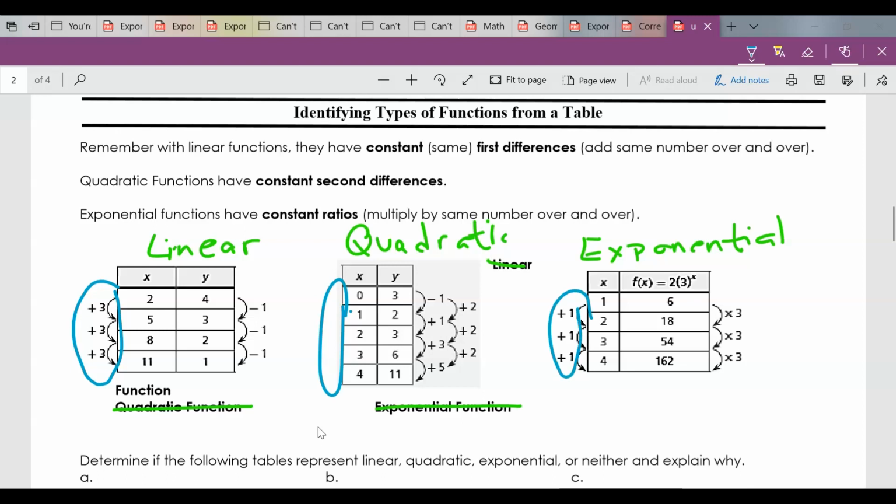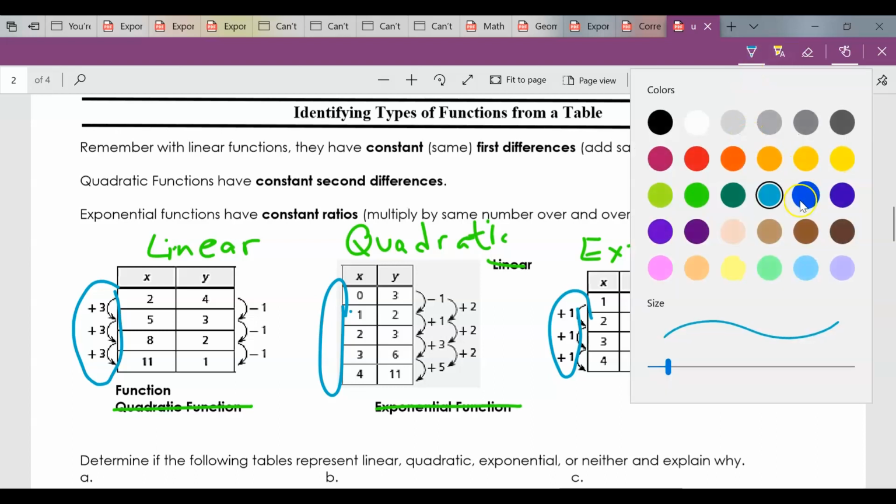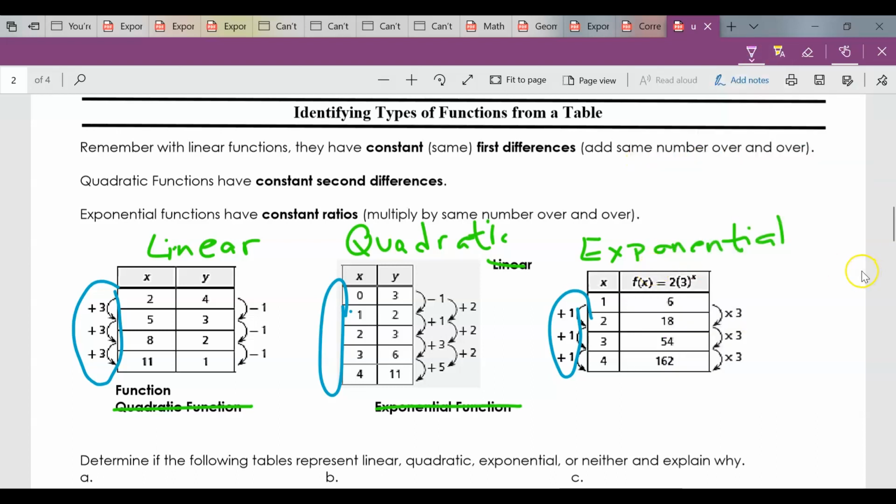So if I have the same amount changing on my x's, these rules are going to explain to me what it is changing by on the y's. So in a linear function, I am adding or subtracting the same amount each time going up. So with a linear function, they have constant first differences. So it adds the same number over and over.